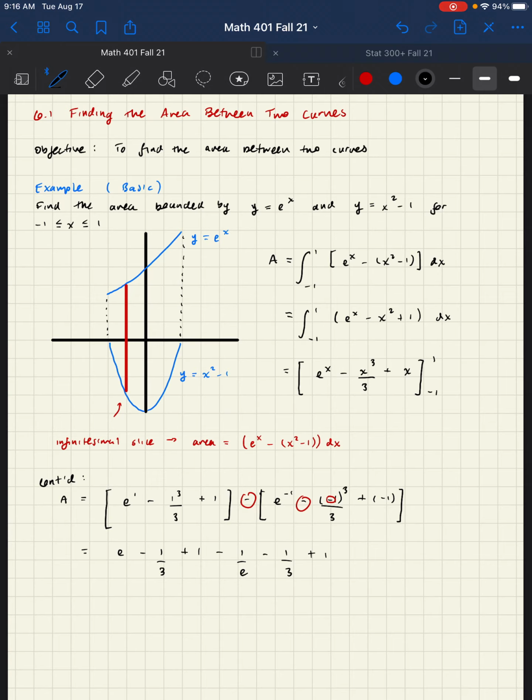Remember the e and the 1 over e, we can't actually combine those, but anything that's just a regular number, as it were, so no powers of e involved, negative 1/3 and 1, and then negative 1/3 and 1 there. So we should end up with, and you can pause here and do the fraction algebra if you would like, e minus 1 over e plus 4/3. And that's our answer. Okay, that is our answer.